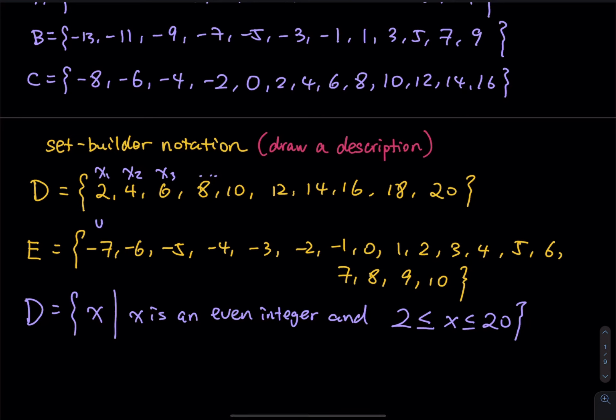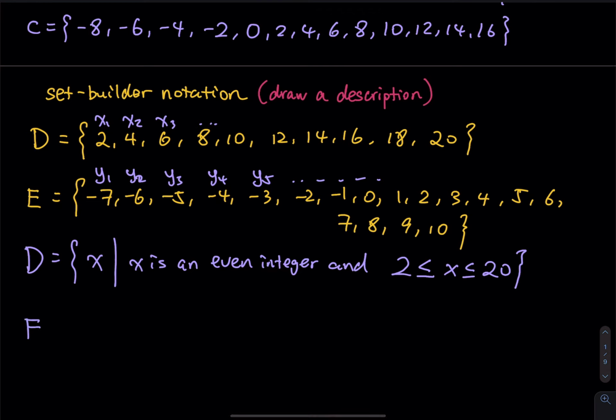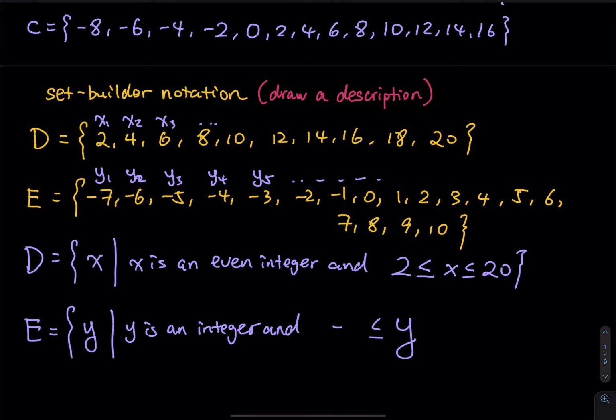So let's try y: y1, y2, y3, y4, y5, and so on. For set E, the elements are y such that y is an integer and y is between -7 and 10. There you go.